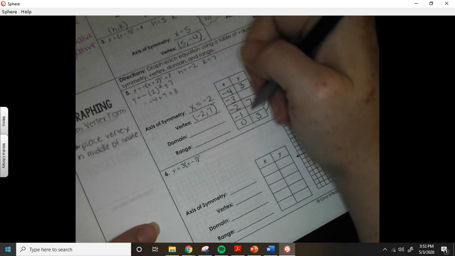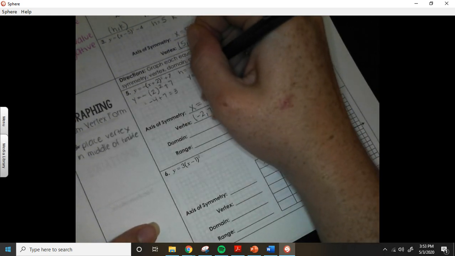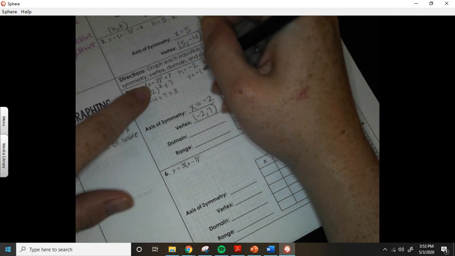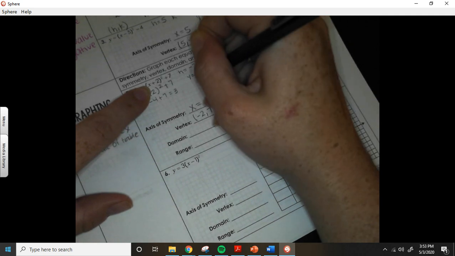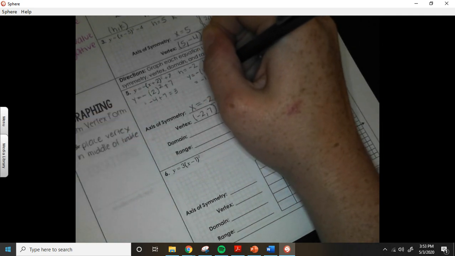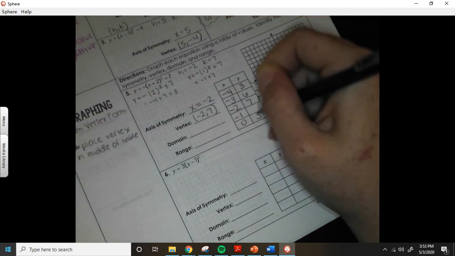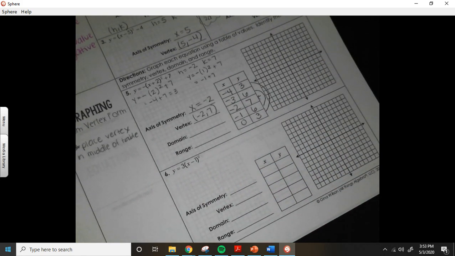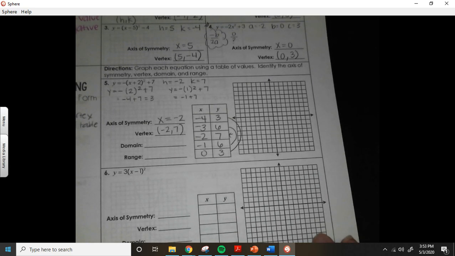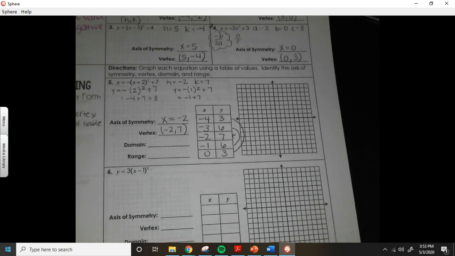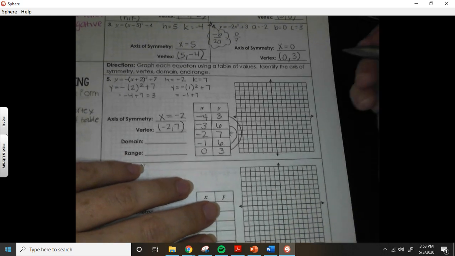Okay, if I plug in -1, y equals negative, -1 plus 2 is 1, squared, plus 7 equals -1 plus 7, which would be 6. Okay, again, nothing too crazy, just putting in points. So you're doing the same thing, except it's in a different form. But still, you're plugging something in and you're getting another value.